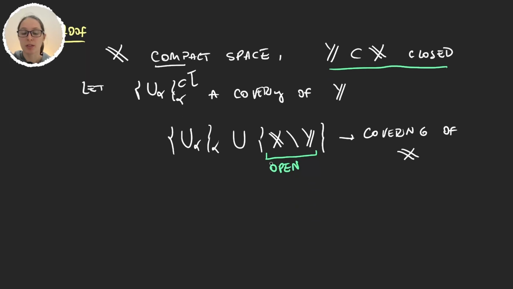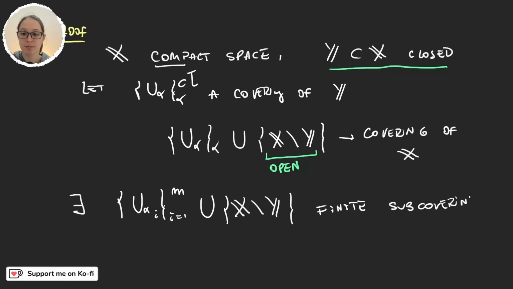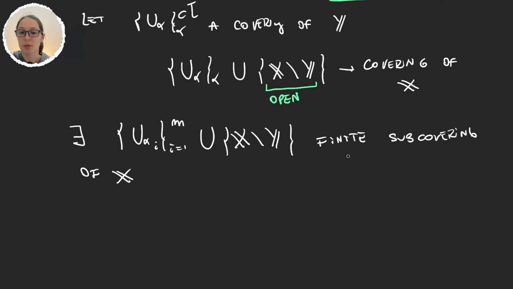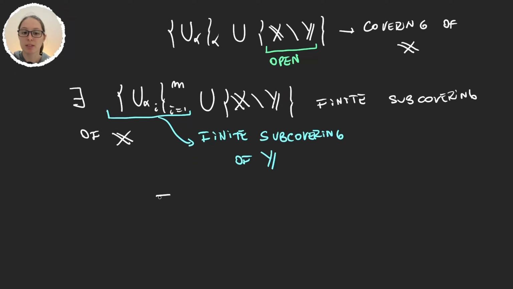So we know that for this covering, there will exist a finite subcovering of X. Let's call it U alpha i from i equals 1 up to m, and we must have this other one. But now if this is a covering of X, then this family here is a finite subcovering of Y. And like this we have that given any covering of Y, we were able to find a finite subcovering of Y. And this implies that Y is compact, which is what we had to prove.